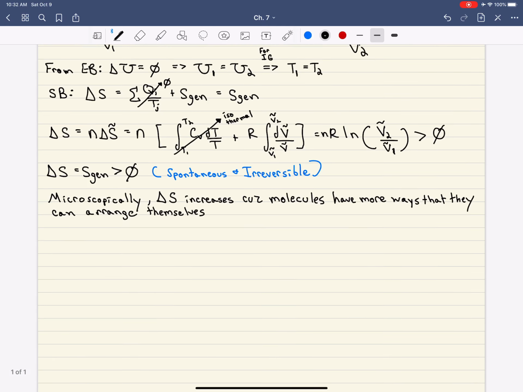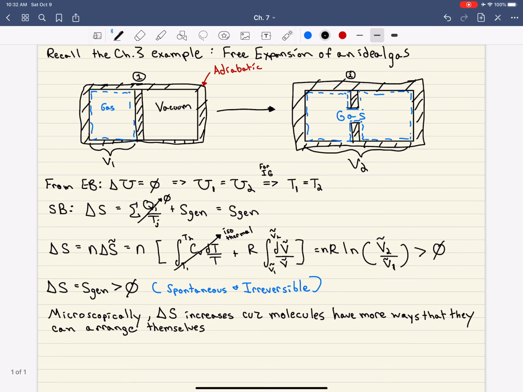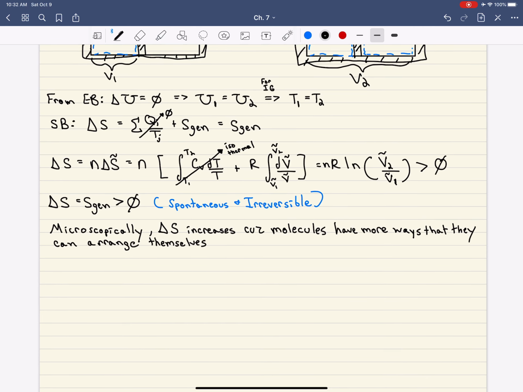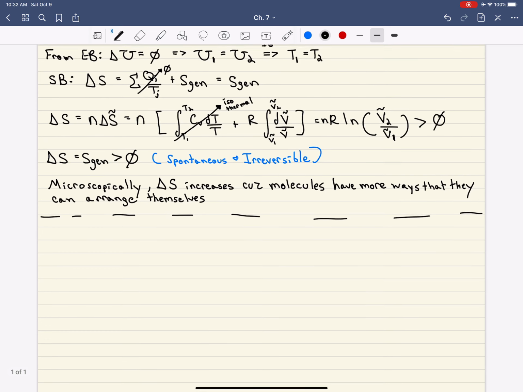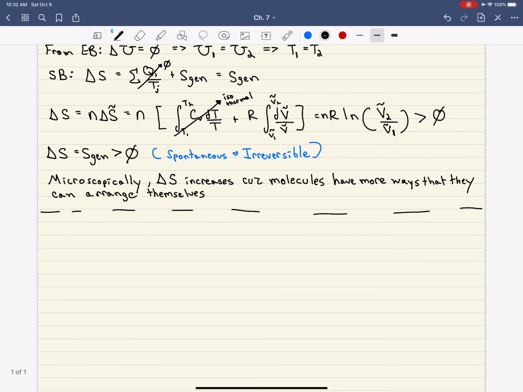And so, through this free expansion system, we see that once we remove that wall, the gas moves towards a state in which its entropy increases. But in general, the observations we see from this example are actually pretty general. Right?